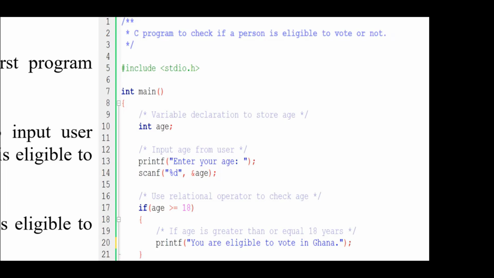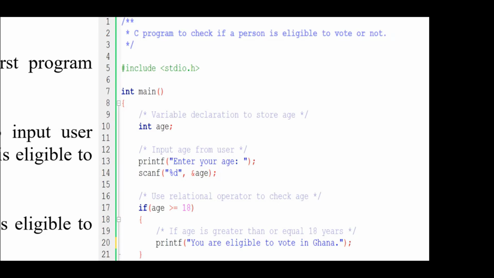So if the age entered is greater than or equal to 18, then it will print the body of the if, that is, printf, you are eligible to vote in Ghana. And this is how the if statement is executed.